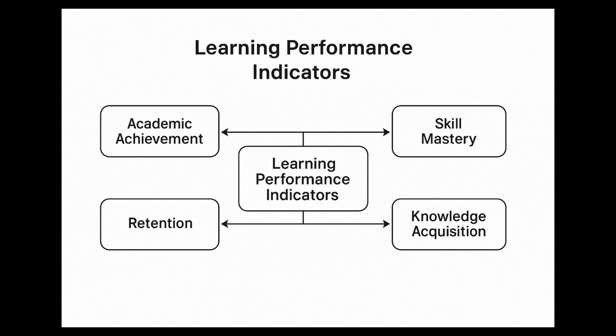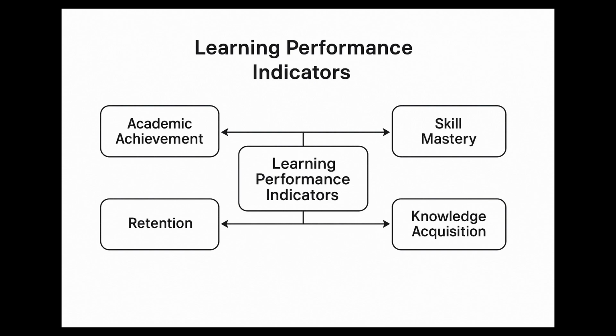So we can conclude that learning performance indicators are essential tools used to measure how effectively students acquire, retain, and apply knowledge. And this diagram illustrates the key indicators that reflect the overall quality of learning outcomes and help educators evaluate both teaching effectiveness and student progress.